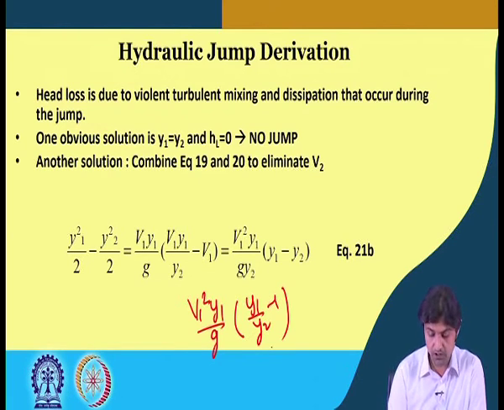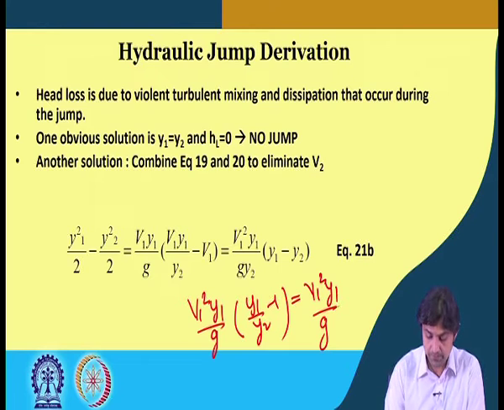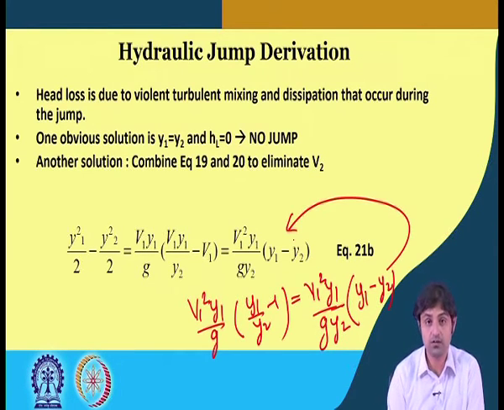We take y2 outside, so V1 square y1 by g, and this becomes y1 minus y2, and this is the same as this equation.